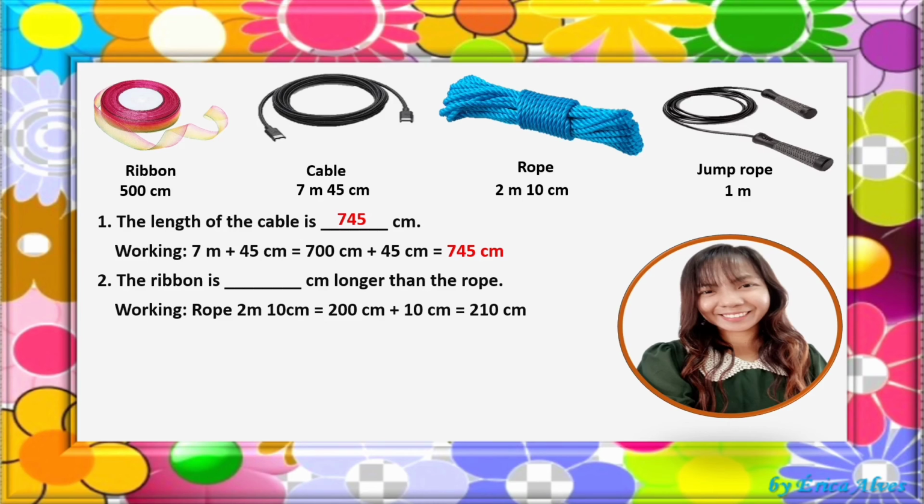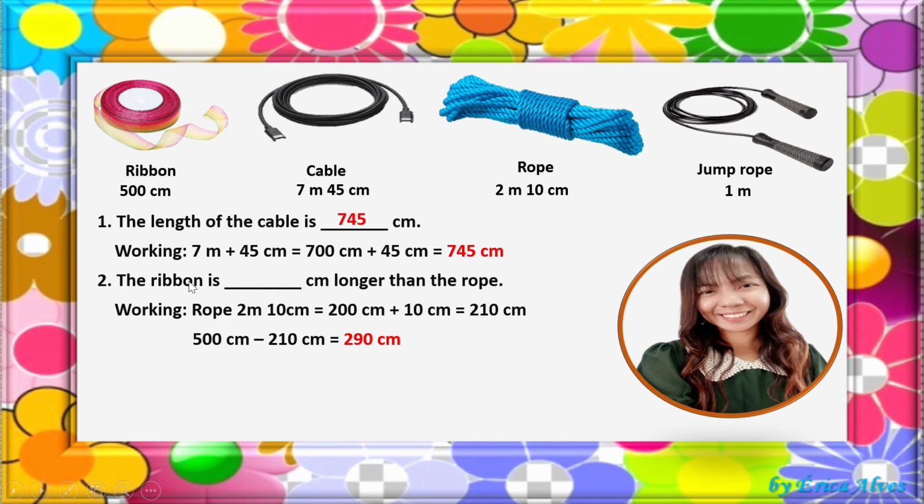For this question, we are comparing the two lengths of the two objects. The ribbon is blank centimeters longer than the rope. To compare the difference of the lengths of the two objects, you have to subtract. Write first the bigger number, which is 500.